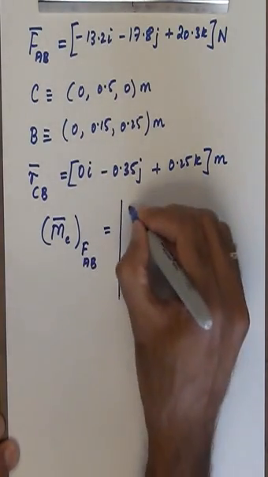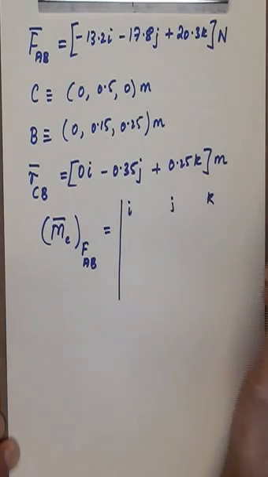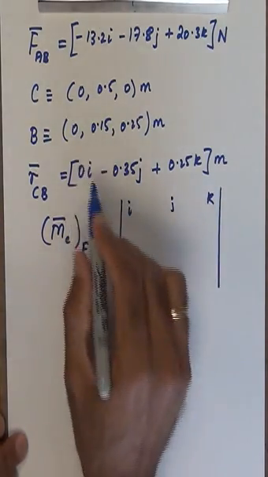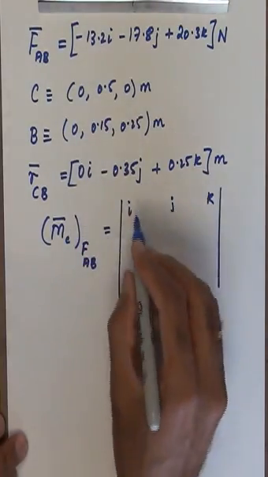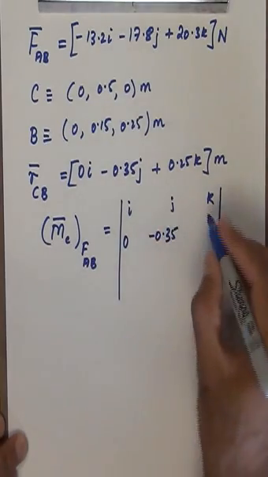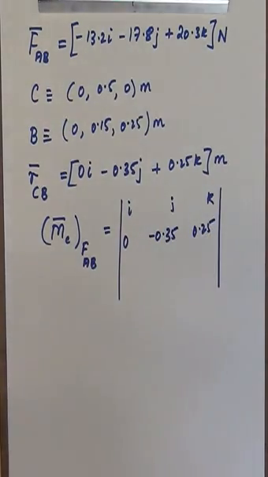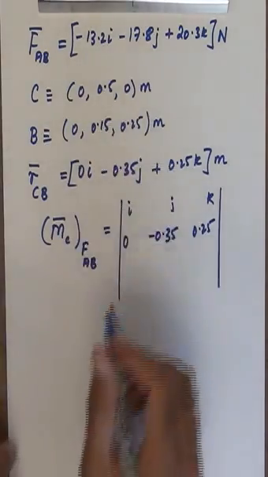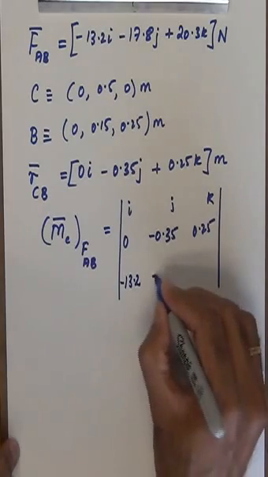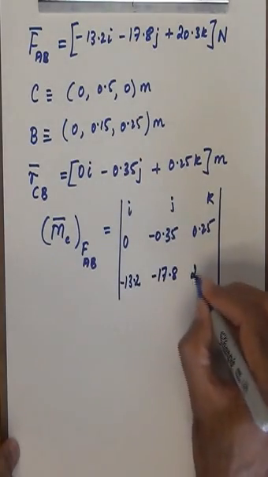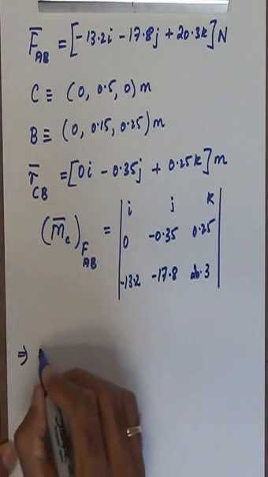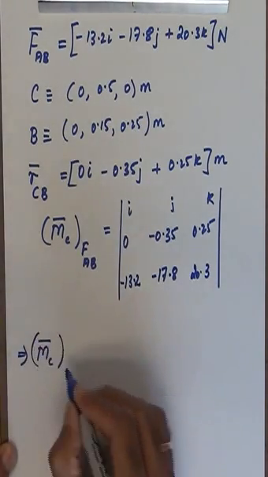I have the cross product, so this is going to be i, j and k, the first row of this cross product, which is given by the determinant here, and the second row is from the coordinates of the position vector, so 0, minus 0.35, and then plus 0.25, and then the third row of the determinant is given by the terms of the force vector, so that's minus 13.2, minus 17.8, and that's 20.3. And so if we compute the moment, let's do this very quickly.